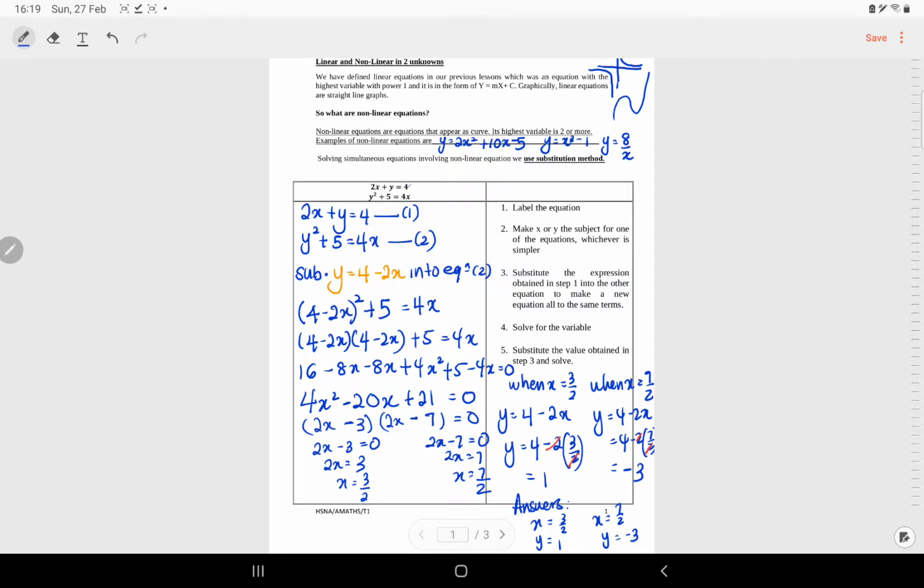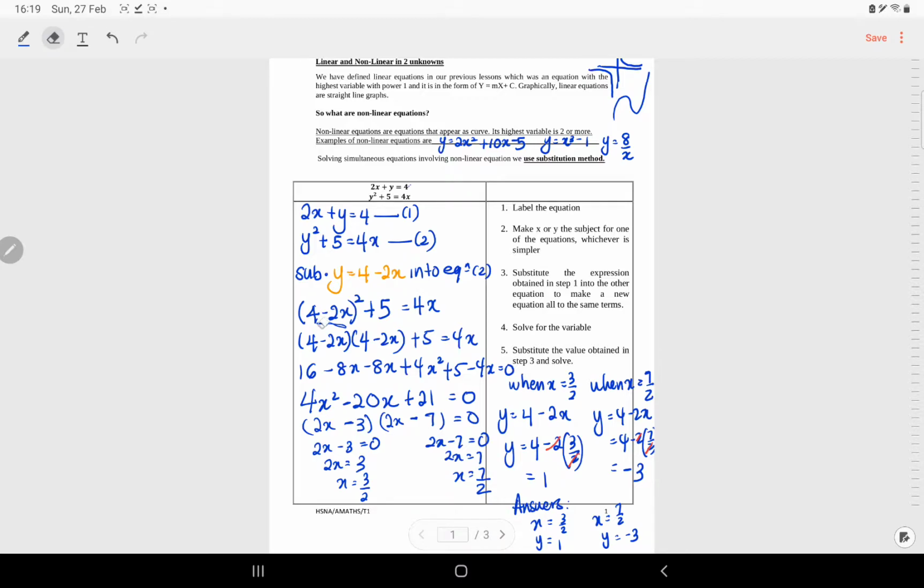All right. So guys, substitution method, you look at whichever is simpler to make x or y the subject, using either the linear or non-linear equation. You will rearrange to make x or y the subject, and once you've got that, you substitute. So in this case, we have used our first equation, rearranged to make y the subject, and we substituted the y into our second equation. So this y now became 4 minus 2x.